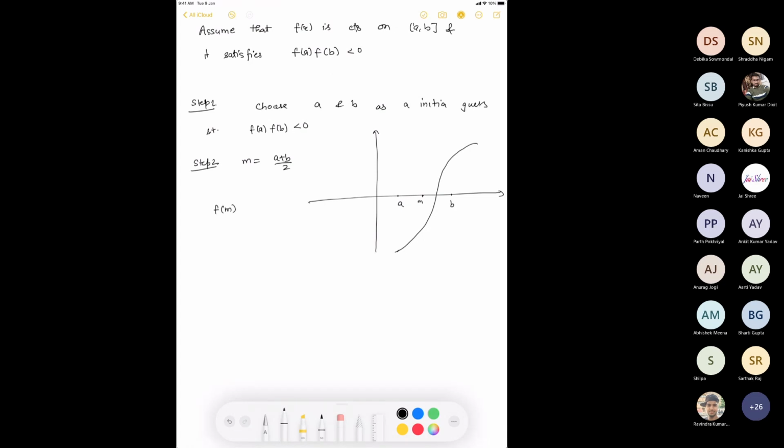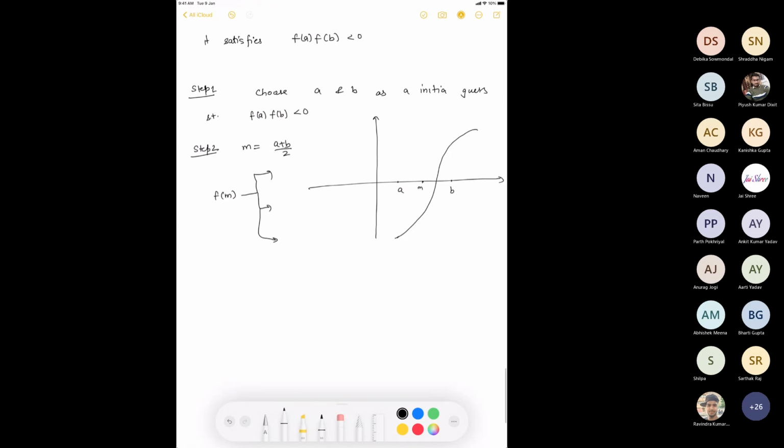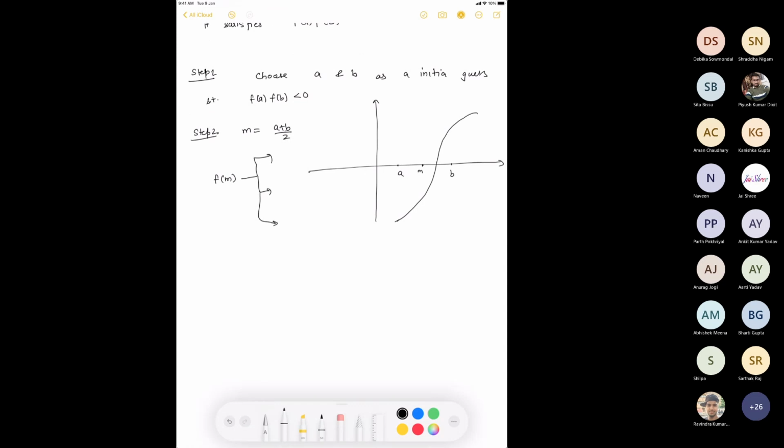Now what are the possibilities for the values of f at m? So what can happen? Positive, negative, and 0. Right, there are only three possibilities: the evaluation of the function at m can be 0, or it can be positive, or it can be negative, right?